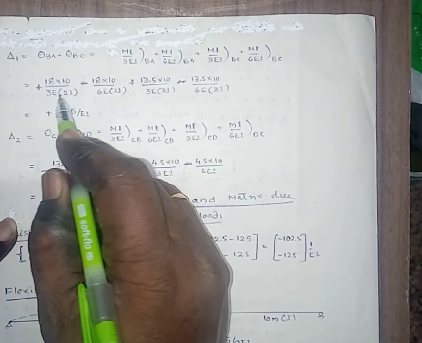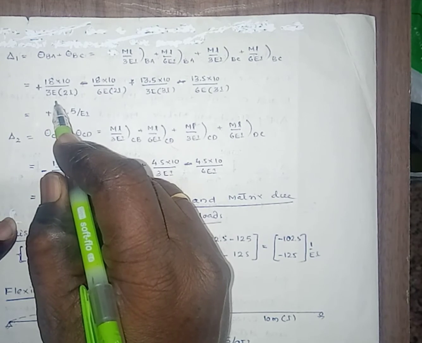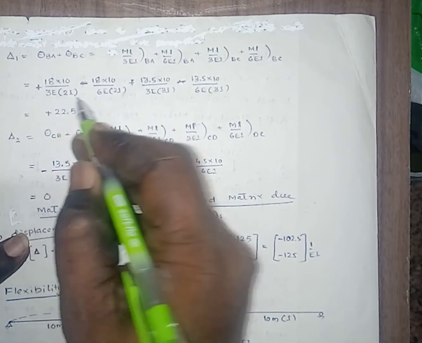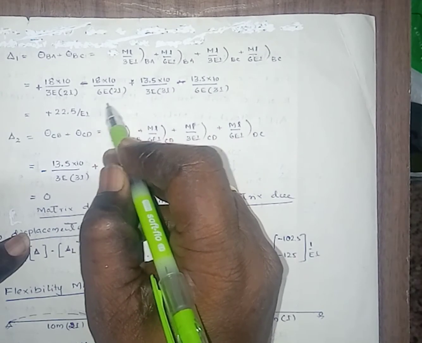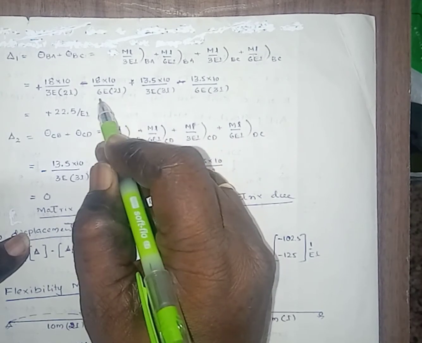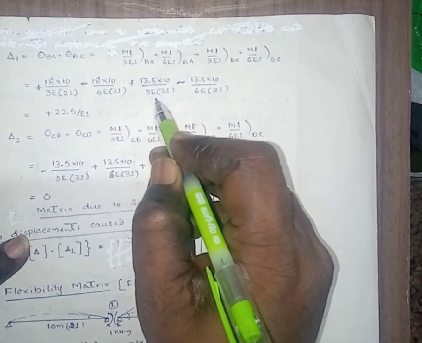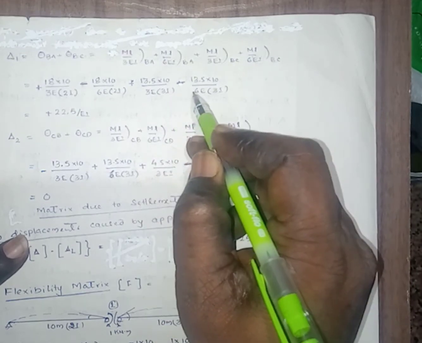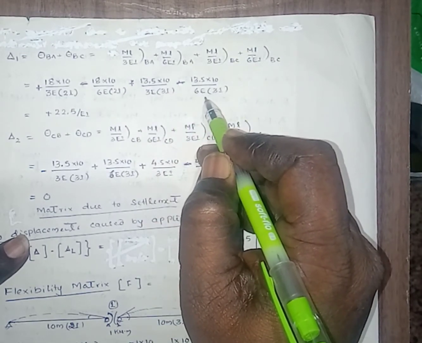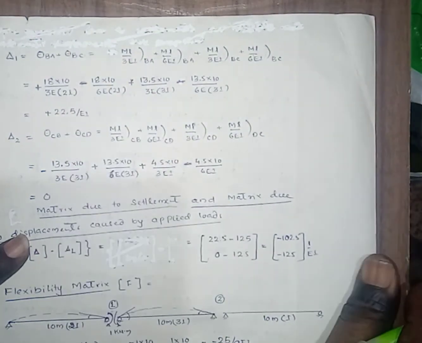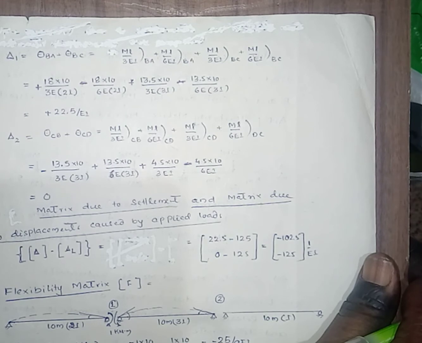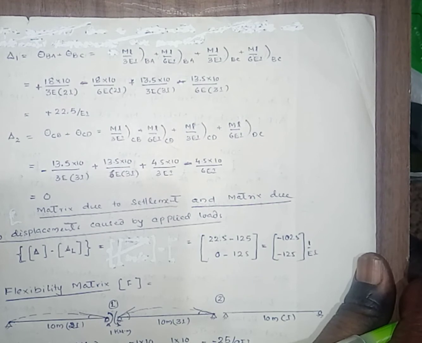Here 18 into 10 divided by 3 into 2I, similarly minus 18 into 10 divided by 6 into 2I, plus 13.5 into 10 divided by 3 into 3I, minus 13.5 into 10 divided by 6 into 3I. Here we will get delta 1, the displacement due to the additional fixed end moment at coordinate 1, as 22.5 by EI.